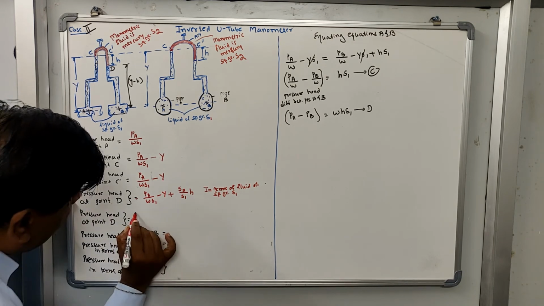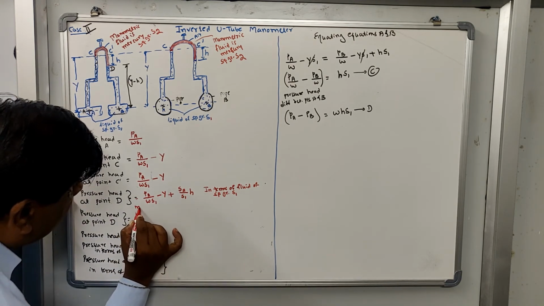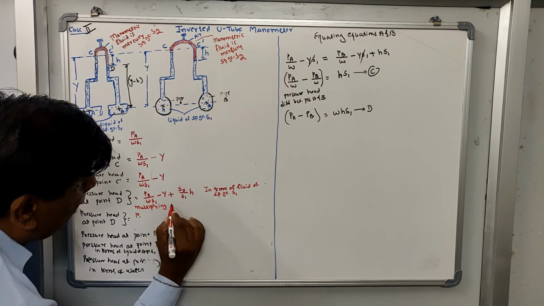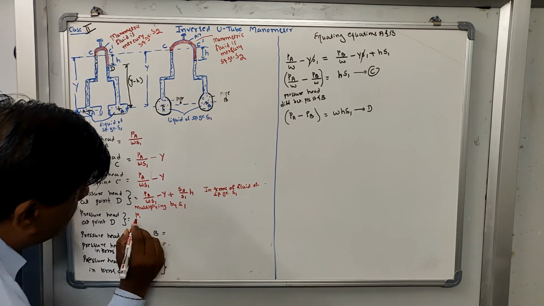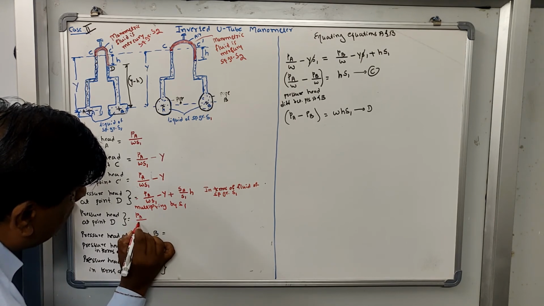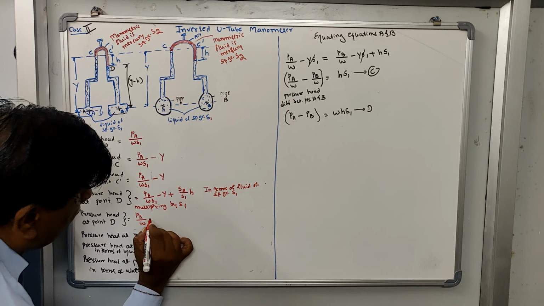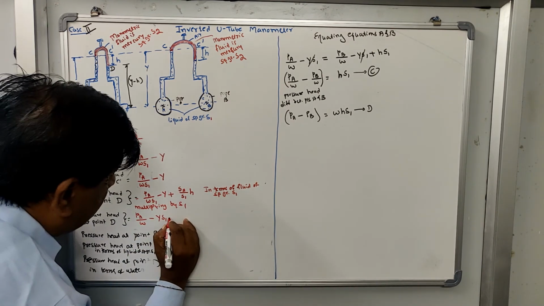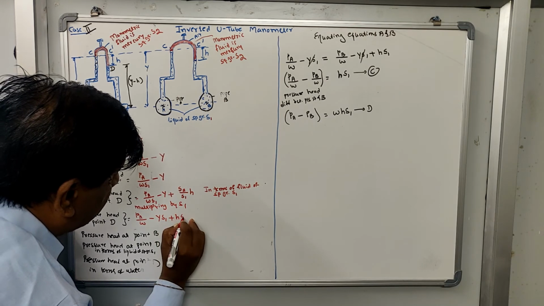Multiplying PA by S1, you get PA by W minus YS1 plus HS2.